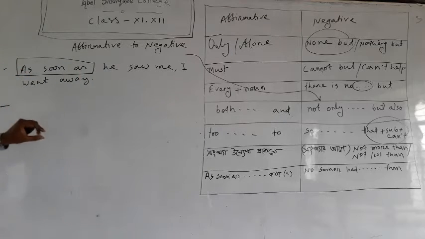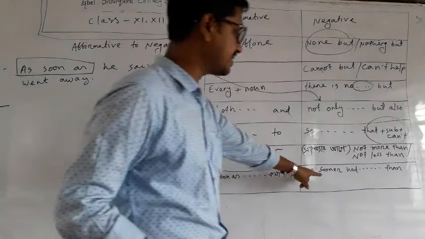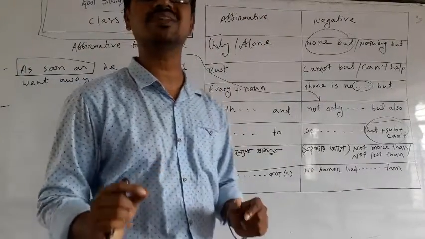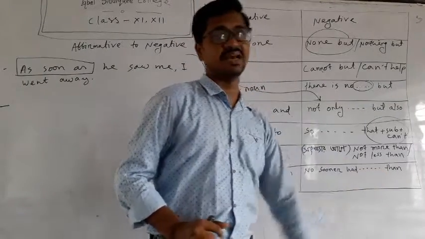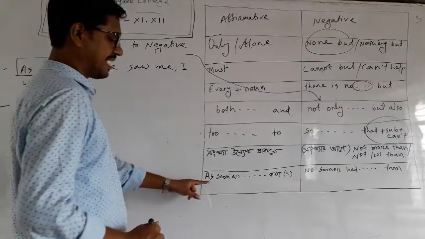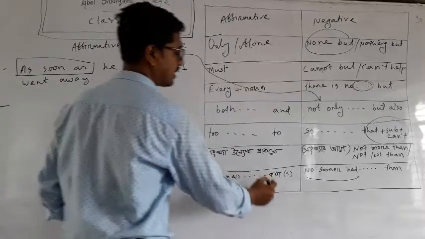So the positive word is "soon", and the comparative of "soon" is "sooner". And you know, if it's a comparative sentence, you have to use "than". So when you are changing "as soon as", you have to replace it with "no sooner had", and you have to replace the comma with "than".